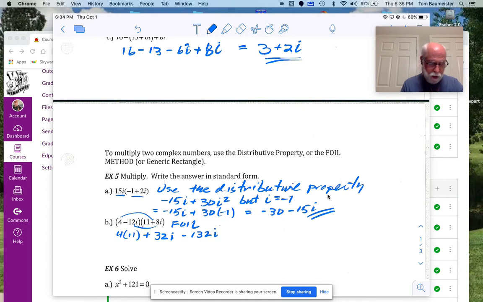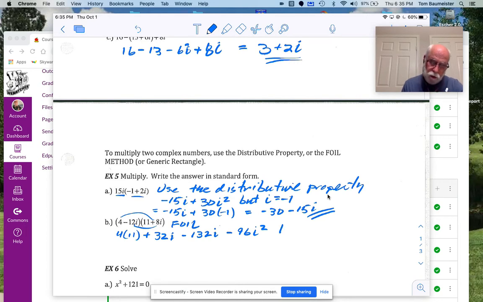Remember, that is an i times an i, right? No, wait, 12 times 11 is not, sorry. And let's see here. And I'll have 12i times 8i. Well, it's negative, so that'll give me negative 96 i squared.